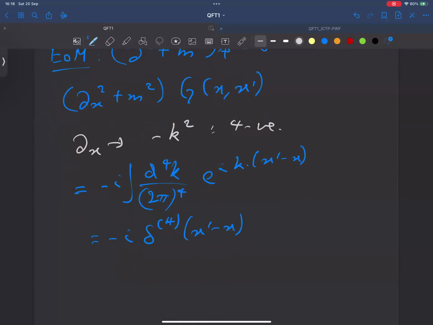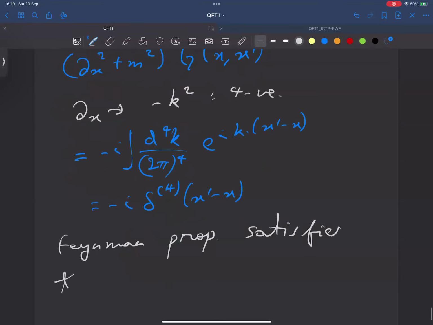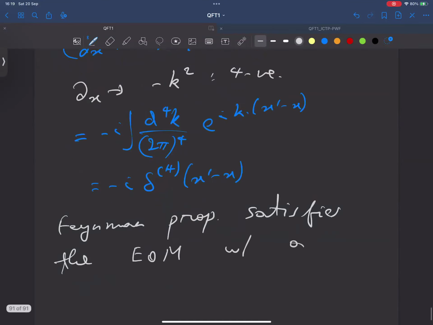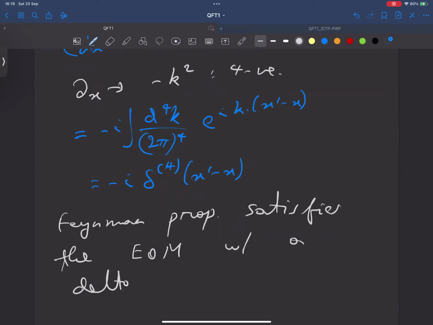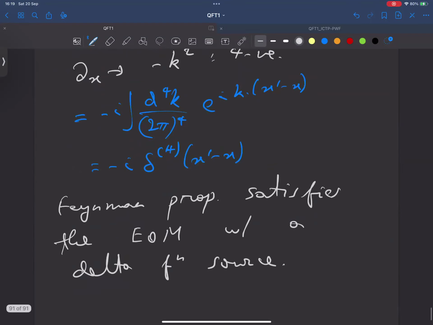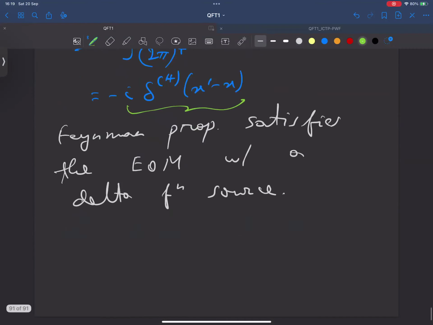So this means that the Feynman propagator satisfies the equation of motion with a delta function source. Okay, so this is the source. If that's 0, then you say that you don't have a source.